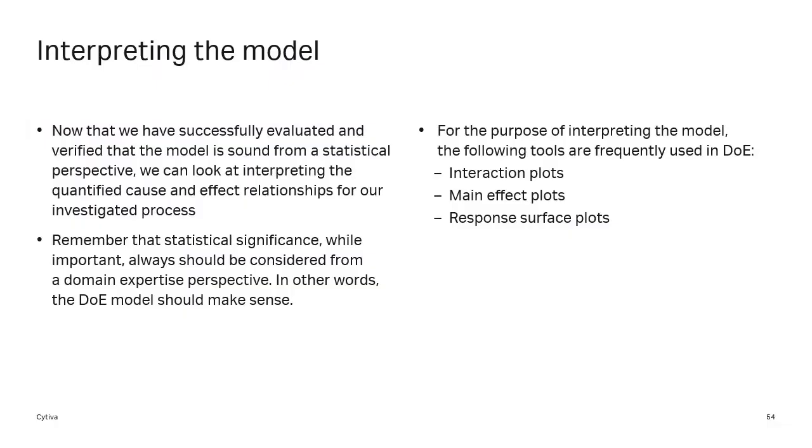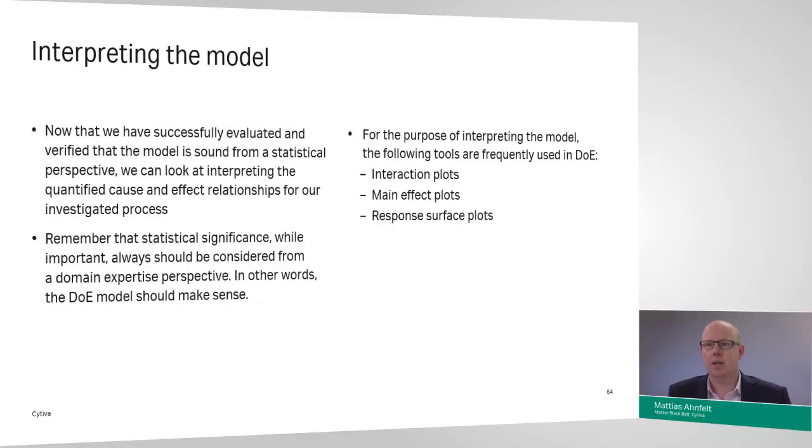So now that we have successfully evaluated and verified that the model is sound from a statistical perspective, we will turn to interpreting the quantified effects, cause and effect relationships from within the DoE model that we've developed. So, of course, statistical significance is an important part of designed experiments.